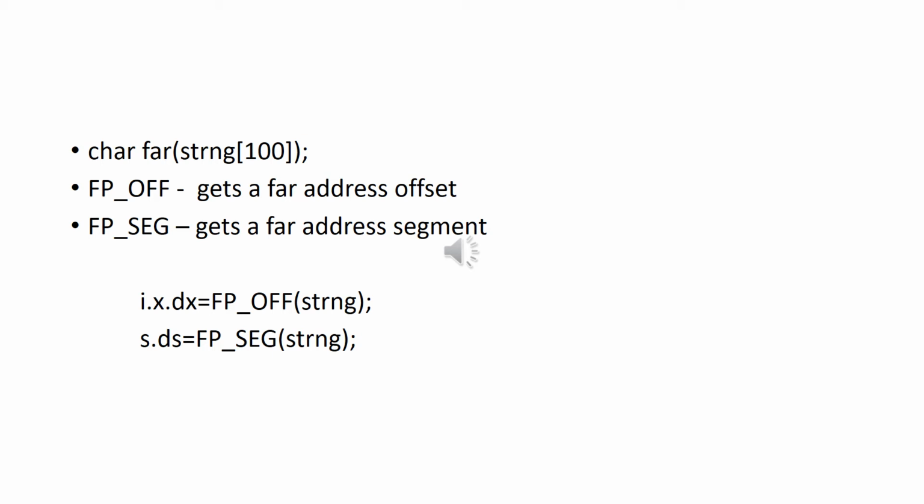We have 2 special functions, FP_OFF and FP_SEG. They get the far address of a segment and offset. So FP_OFF will get the far address offset, and FP_SEG will get the segment of the far address. This will be used when our program uses 2 different segments.